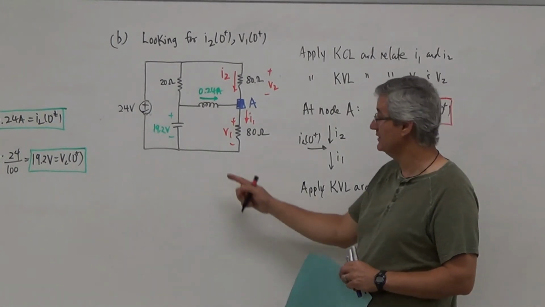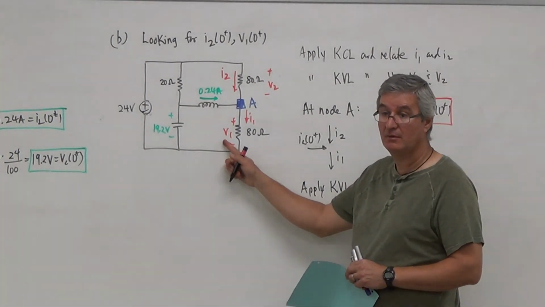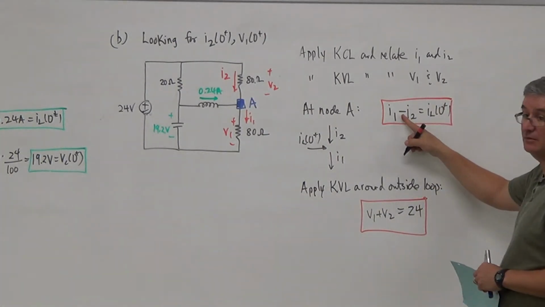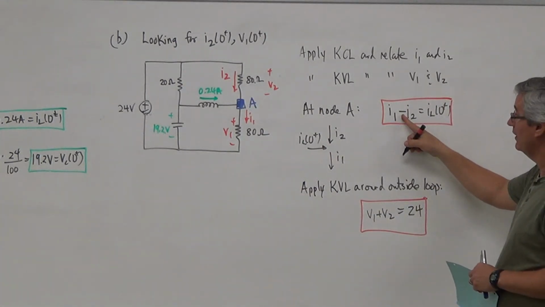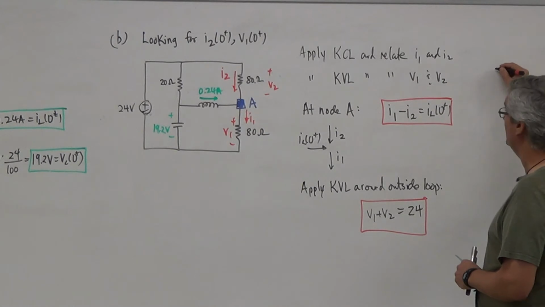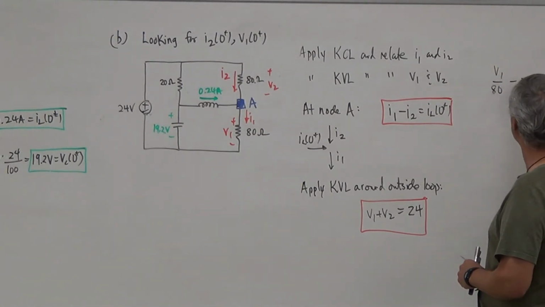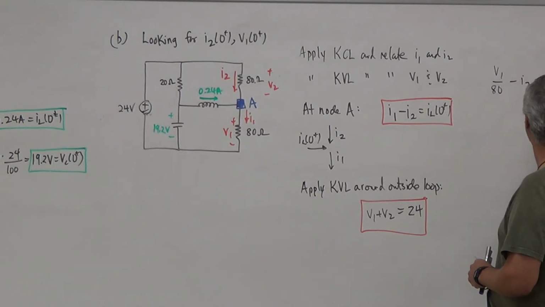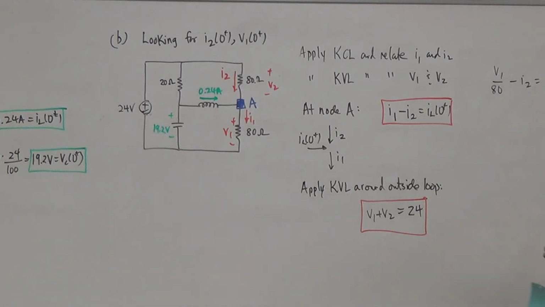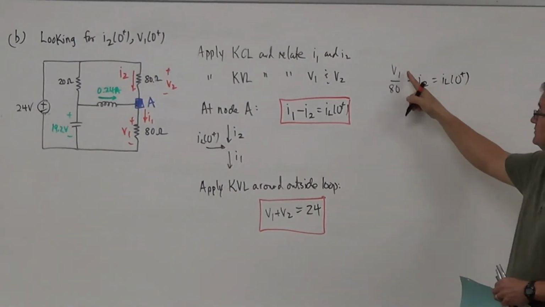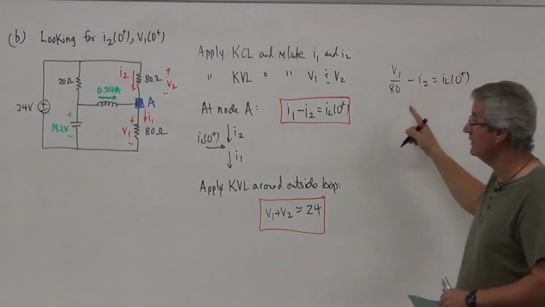I'm sorry, I just use Ohm's law. So if I look at I1, excuse me, it's got to be V1 divided by 80, minus I2, equals IL at 0 plus. Okay? So now I have it in terms of V1 and I2.